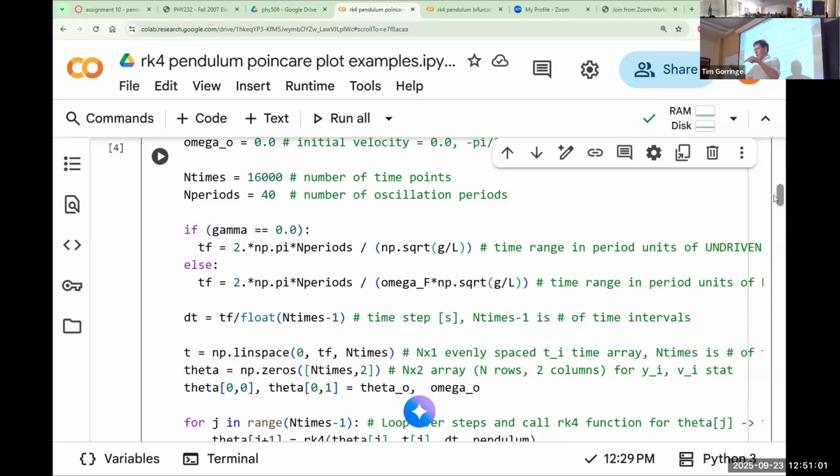I mean, it's the number of ticks of my proxy for continuous time, which is a finely spaced discrete time. So this is the number of ticks in the time range, and this is the number of periods in the whole time range. This is where I make the time range either in terms of the natural frequency, or here, the driving frequency.